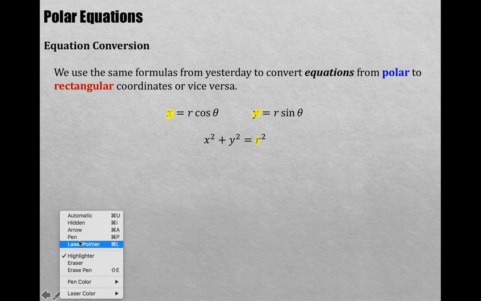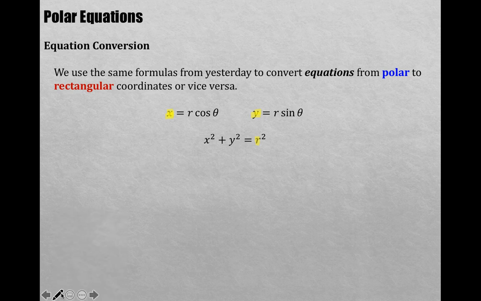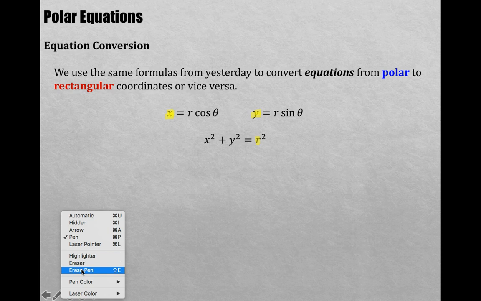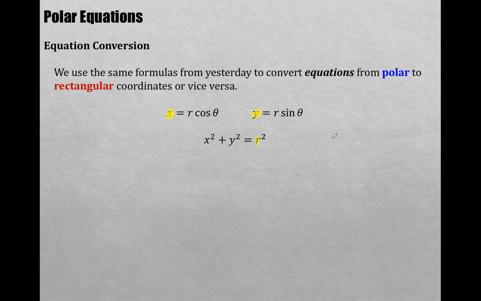I should have also put up here theta. Since tangent of theta is equal to y over x, theta is equal to inverse tangent, which has some restrictions, and I'm also dividing by x, which has some restrictions. So there are some issues there.